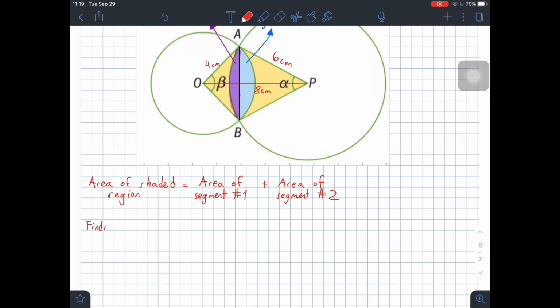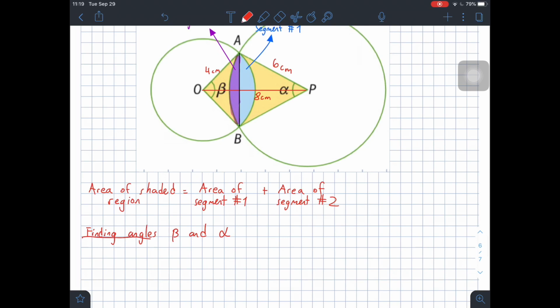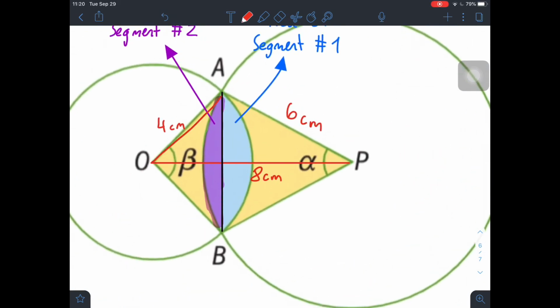Finding angles beta and alpha. To find these two angles, I see that, for example, we have this triangle over here, OAP, right? For OAP, we have 3 sides. We have this side, and this side. So I can apply, for example, cosine rule in order to find this angle over here, which I can call, let's say, theta, right?